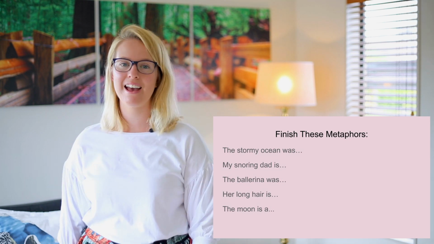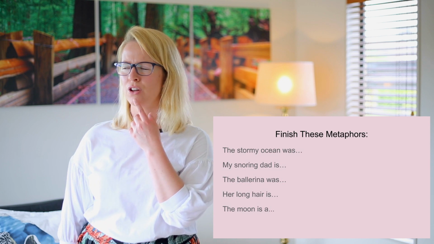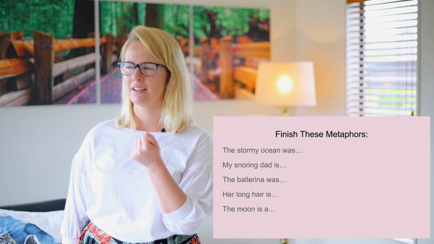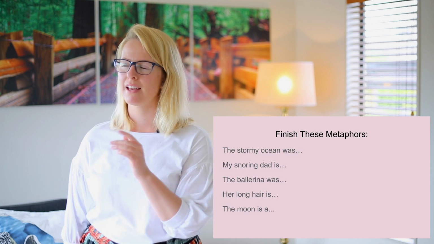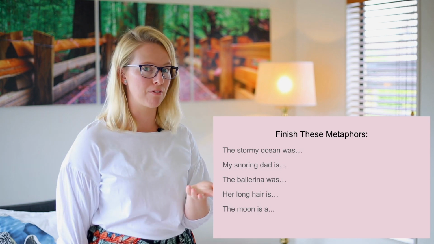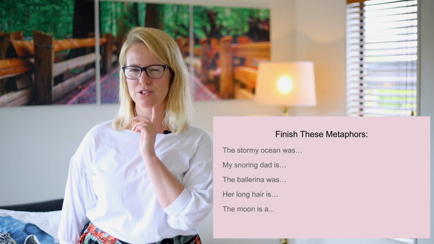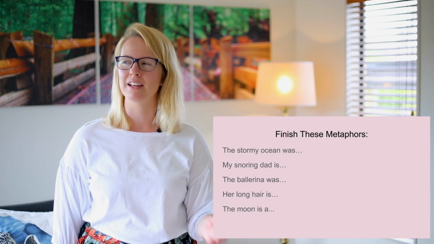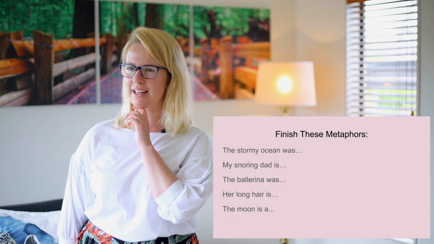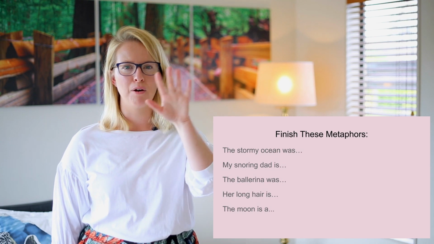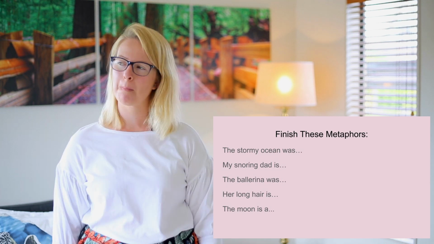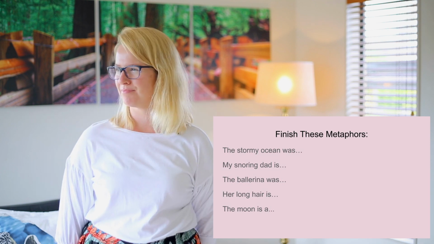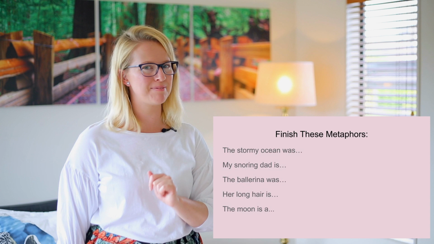Her long hair is like a flowing river. I wonder what else you could write. The moon is a plate in the sky. The moon is a torchlight. I wonder what else you could write.